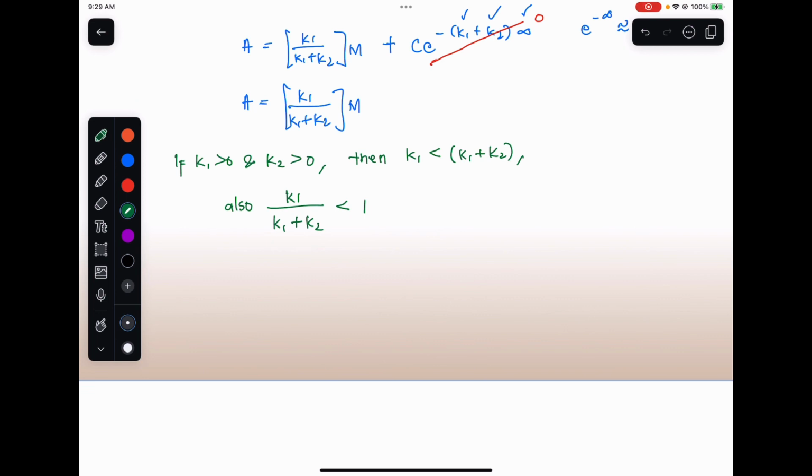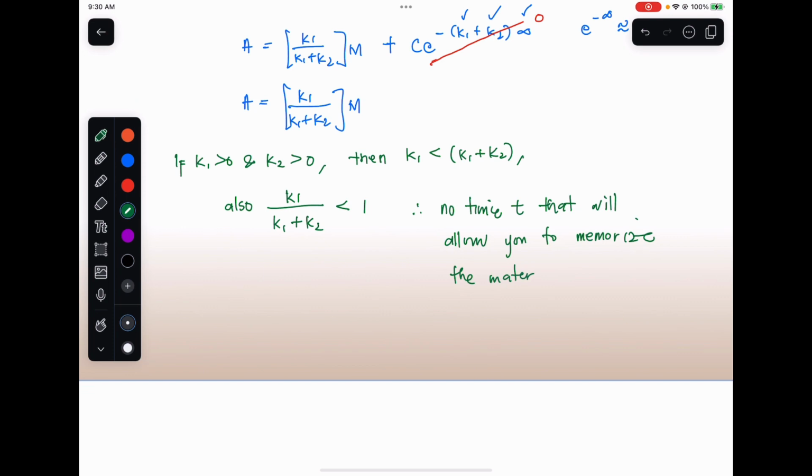So that only means if K1 over K1 plus K2 is less than 1, there will be no time T that will allow you to completely memorize the material M. So, in short, there will always be a time that you're going to forget something.